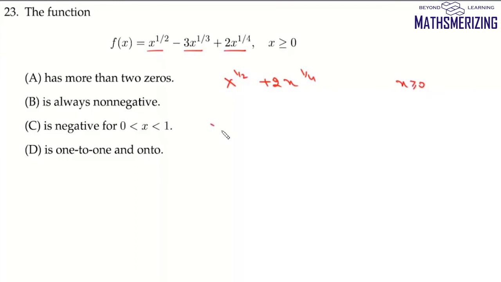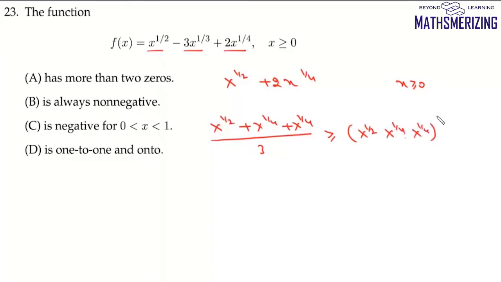Now what we'll do is, we'll find the arithmetic mean and geometric mean of these 3 numbers. x to the power 1 by 2 plus x to the power 1 by 4 plus x to the power 1 by 4, divided by 3, will be greater than or equal to (x to the power 1 by 2 into x to the power 1 by 4 into x to the power 1 by 4) whole to the power 1 by 3.